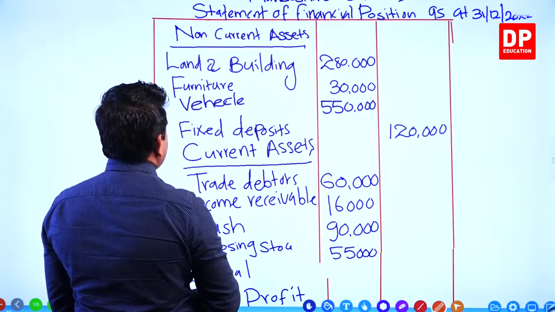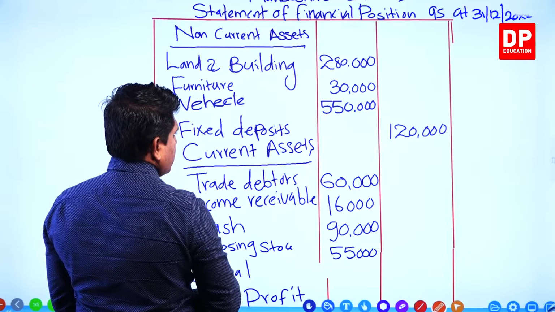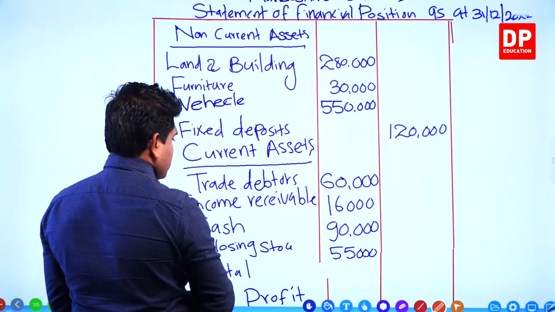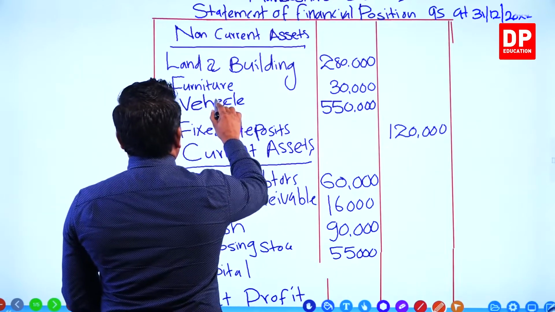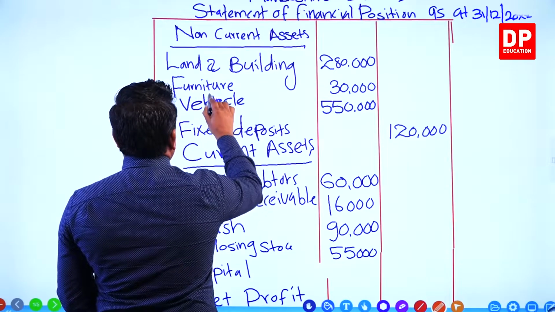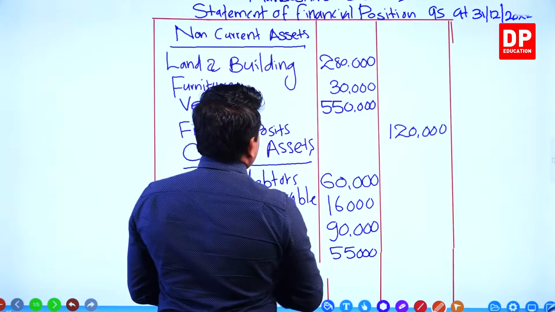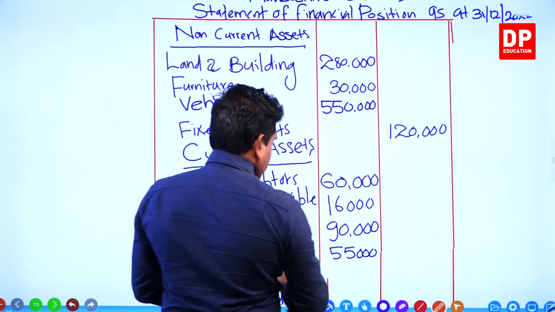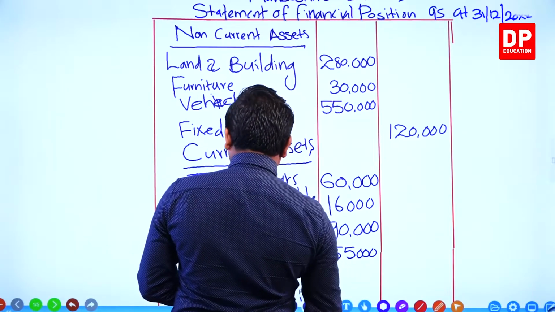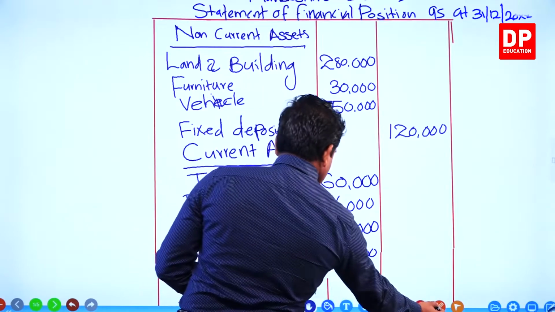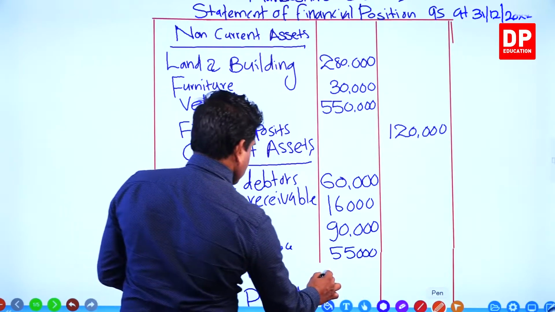Right? Capital 600,000. This should be I, right? Capital 600,000.